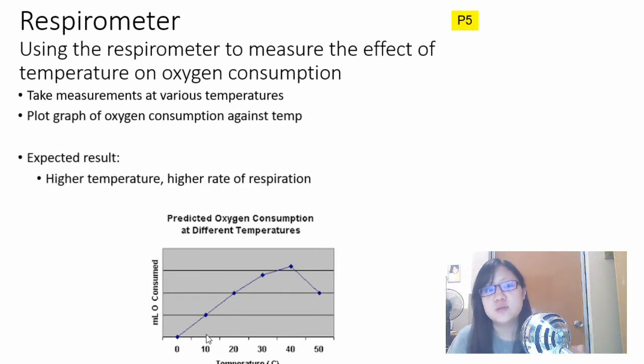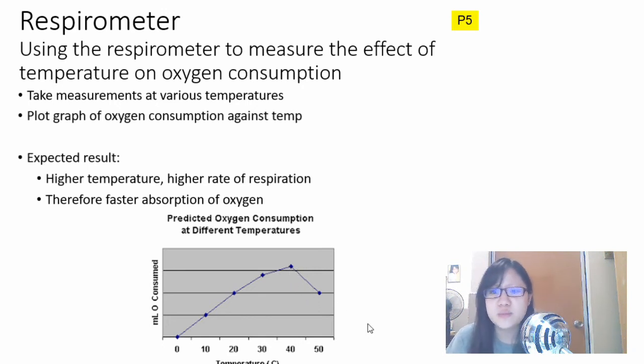The expected result should be this: the higher the temperature, the higher the rate of respiration, and therefore the faster the absorption of oxygen. However, this has a peak and reduces after a certain point, because after that enzymes start denaturing and the processes slow down. So that is the respirometer.